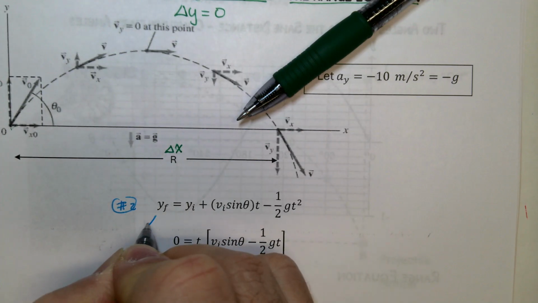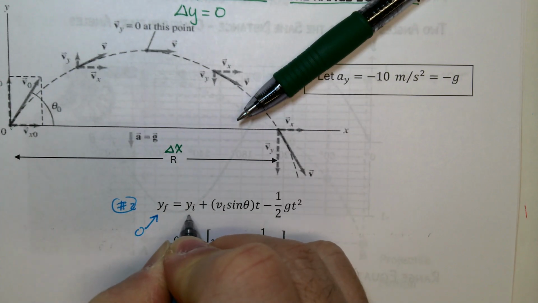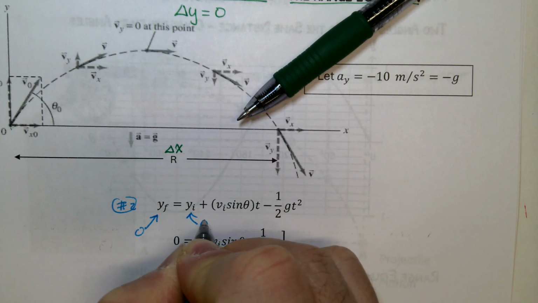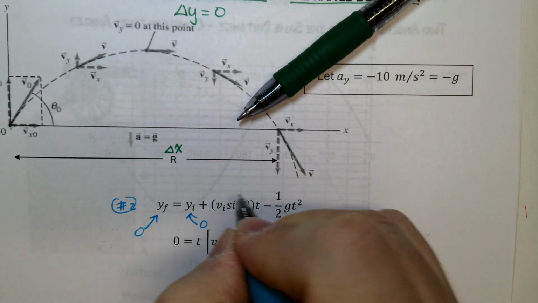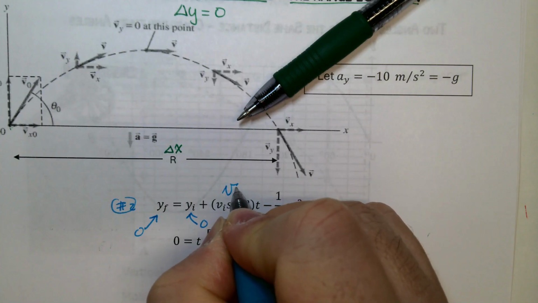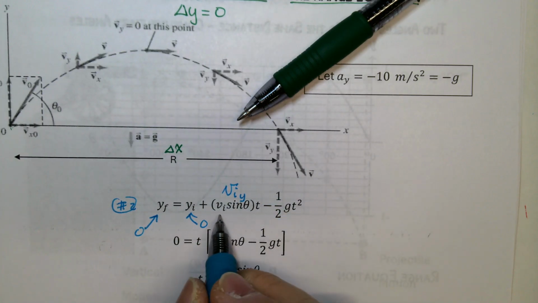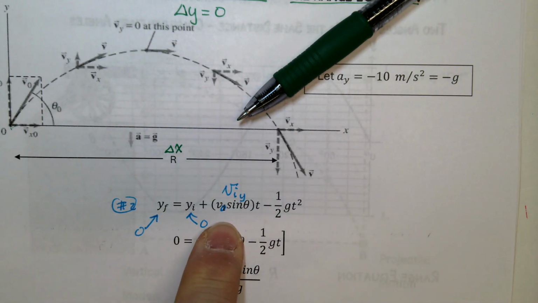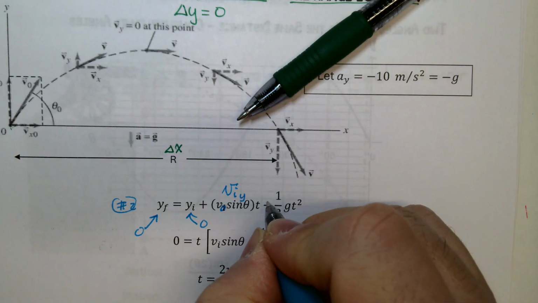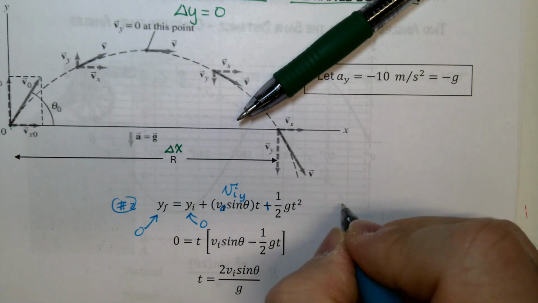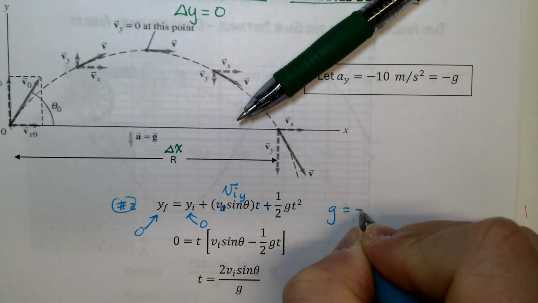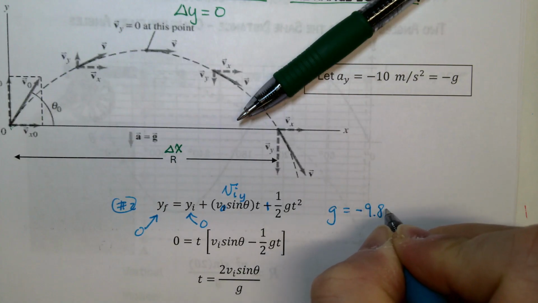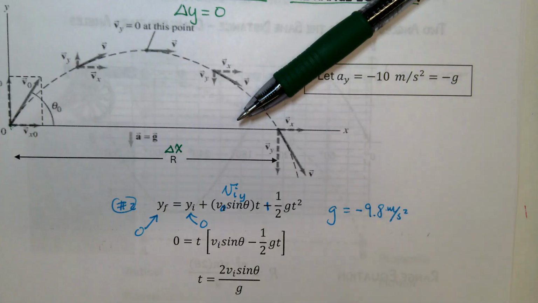Here, my final position in y is 0, and my initial position in y is also 0. And this here is my VIY, which is the same thing as V naught sine theta, right? Plus 1/2 GT squared, where G is equal to negative 9.8 meters per second squared. Okay?